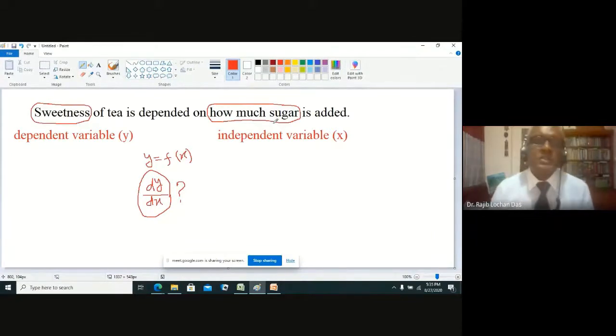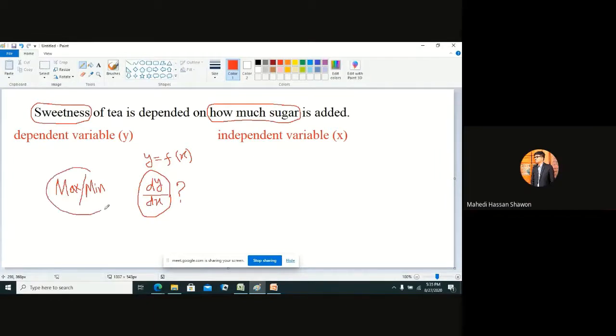So that is the condition. So this is called dy/dx. And if you find maxima minima here, what will happen? If I calculate maxima minima for this function, then what will come? Sir, maximum sweetness and minimum sweetness.